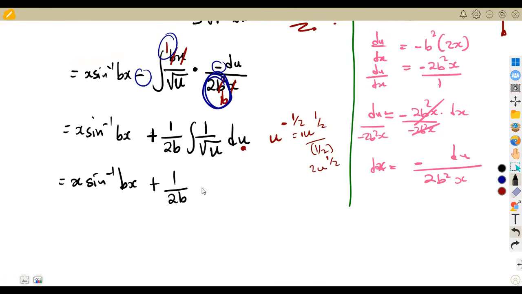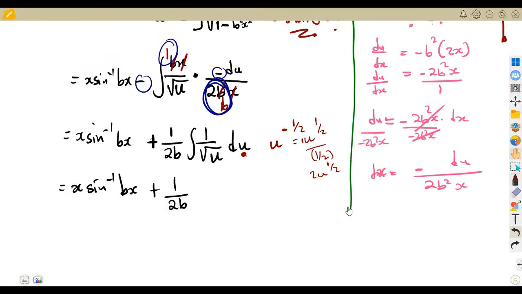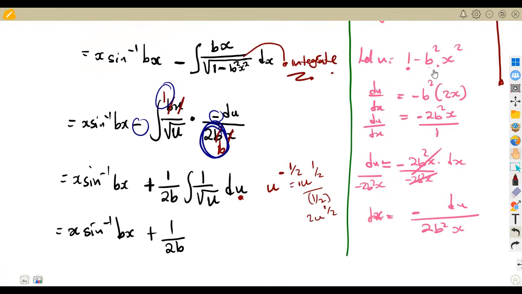After integrating this, we're going to get 2u to the exponent of a half, of which we said let u be equal to 1 minus b squared x squared. So that means this is simply 2 into our u, which is 1 minus b squared x squared, raised to the exponent of a half. So this is what we are going to bring here.